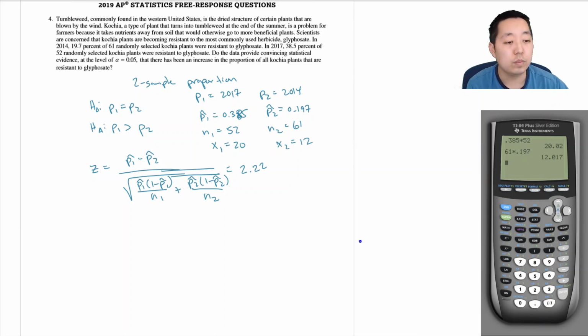Then in the stat tests, two-proportion Z test, X1 is 20, N1 is 52, X2 is 12, N2 is 61, and we want to know that it is greater.